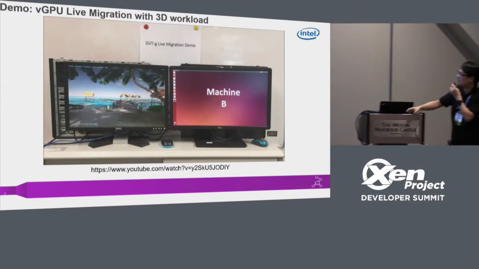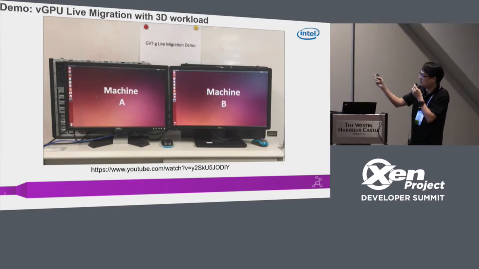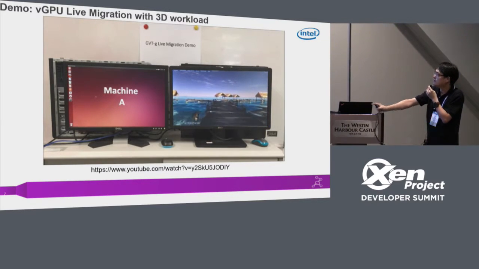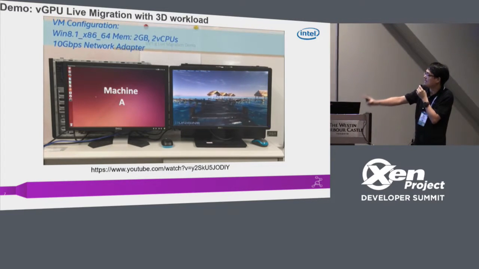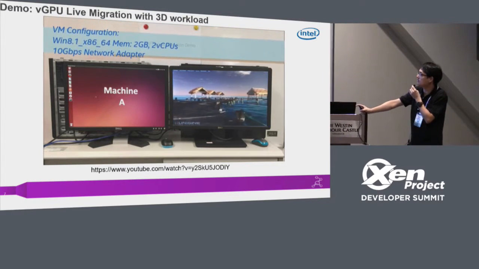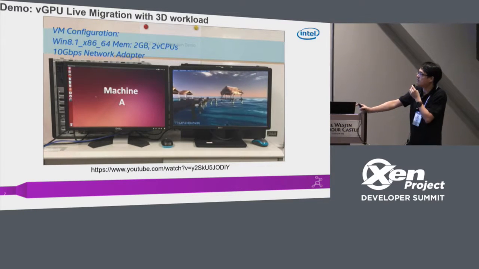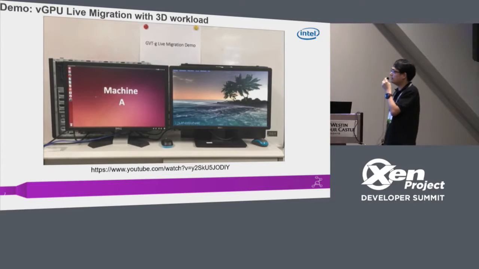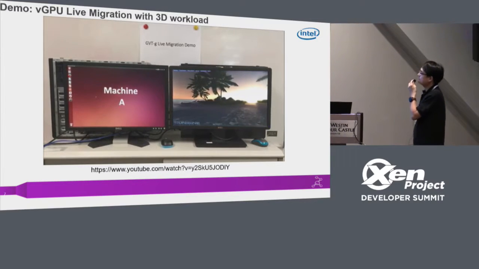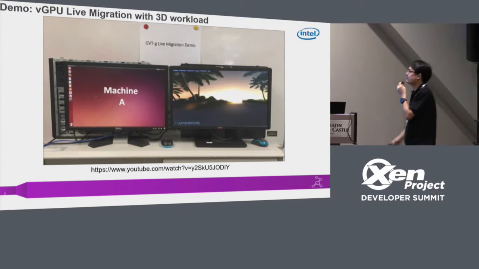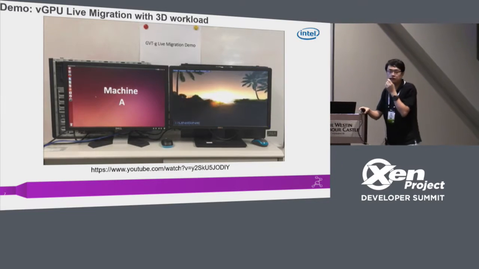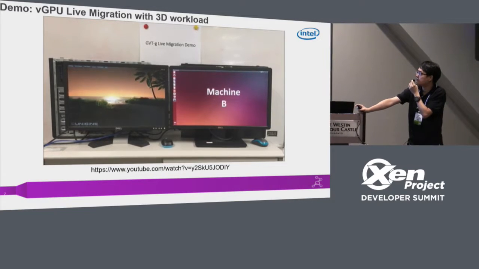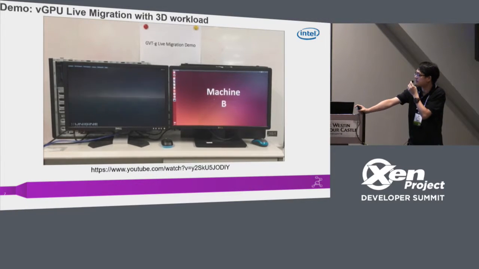We have prepared 2 identical machines, machine A and machine B. Now this is one of the migrations. On machine A only one guest is running the Tropic 3D workload, and it will migrate from A to B and then from B to A, every around 30 seconds. The guest configuration is 2 gig system memory with 512 megabytes of graphics memory.